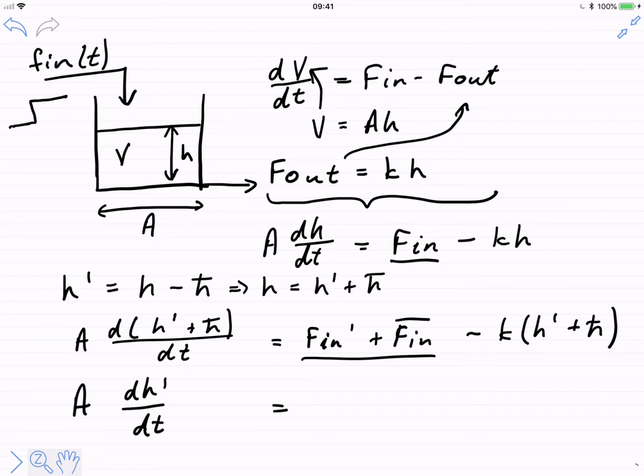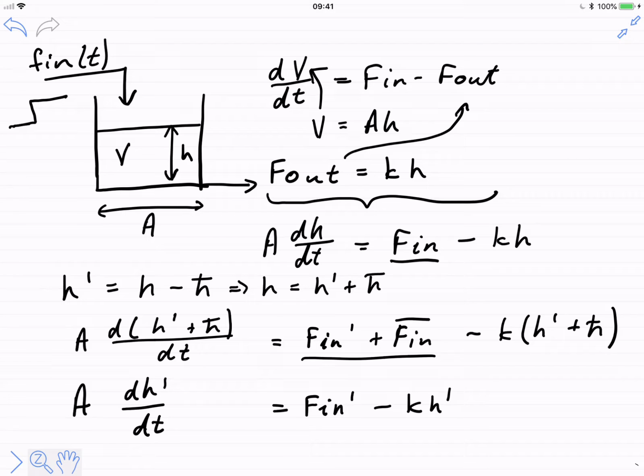Now I'm going to just keep the deviation variables on one side of this equation so that I've got all the steady state variables in a place where I can easily cancel them out later. So I'm just going to have f in prime over here minus kh prime.